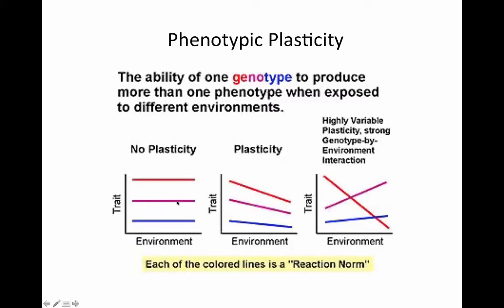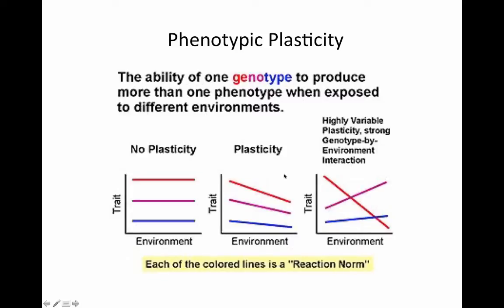The pinky purpley one, again, a flat line. It grows to the same height no matter where it's grown. Same with the blue. But there's a very strong effect of genotype, right? The red ones tend to be the tallest, the blue one's the shortest, and the pinky purpley one's kind of in the middle. So no phenotypic plasticity in this case, but a strong effect of genotype.